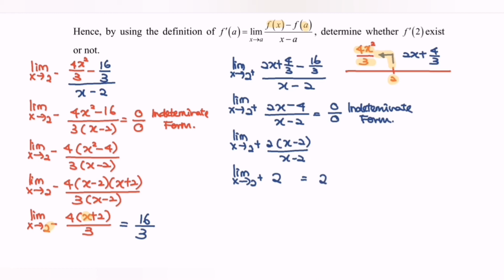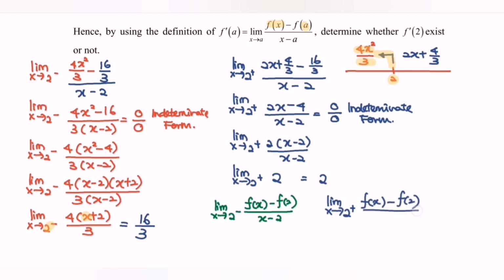So, in conclusion, the limit when x approaches 2 from the left of (f(x) minus f(2)) over (x minus 2), and for the right hand side, the limit when x approaches 2 from the right of (f(x) minus f(2)) over (x minus 2). Are they equal? For the left, we have 16 over 3.